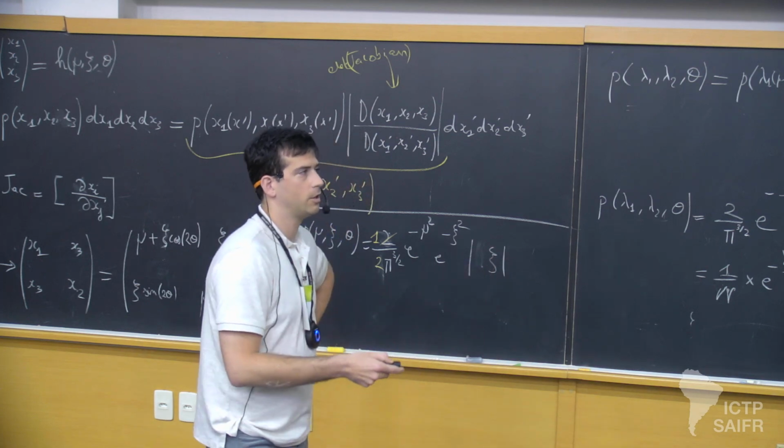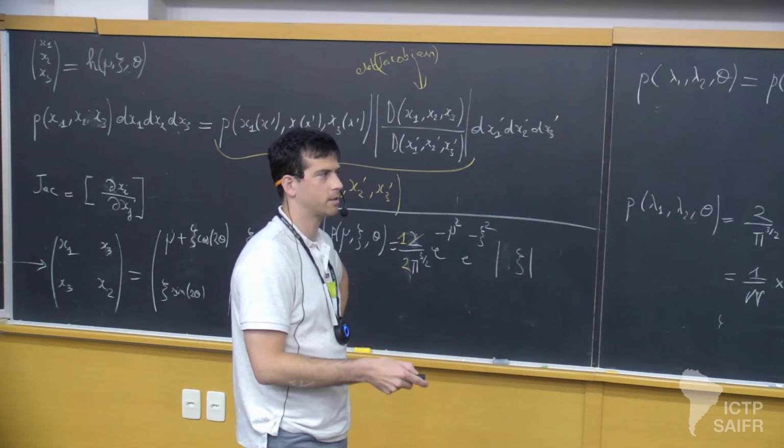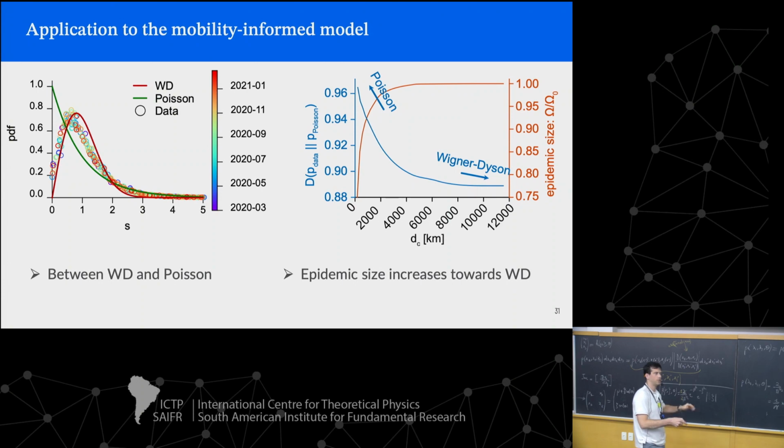And maybe as you all expect, when DC is very large, you have a given epidemic size that I call omega naught. And when you decrease DC, eventually, people can't move. So at some point, if DC is equal to 0, the epidemic cannot propagate, right? And then the epidemic size omega should be 0. But in between, the epidemic size is going to go progressively from what it was before to something converging to 0.